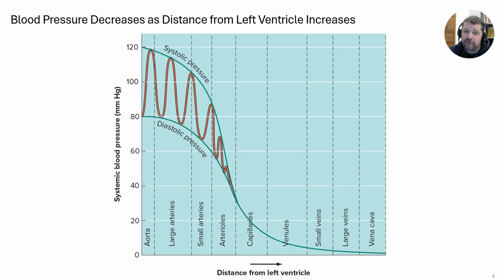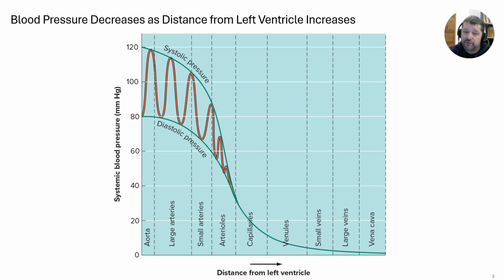During that contraction, the individual had a pressure of 120 millimeters of mercury. After that contraction, it dropped to 80. So that's what's left. But either way, the systolic or diastolic pressure greatly decreases as you get away from the left ventricle.